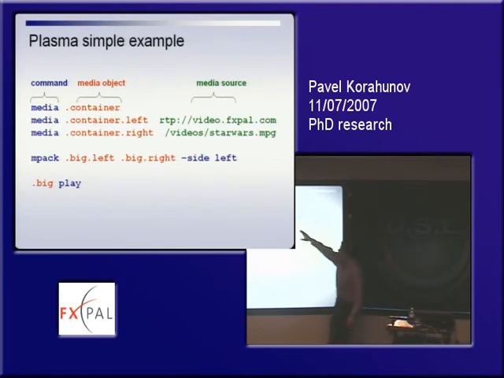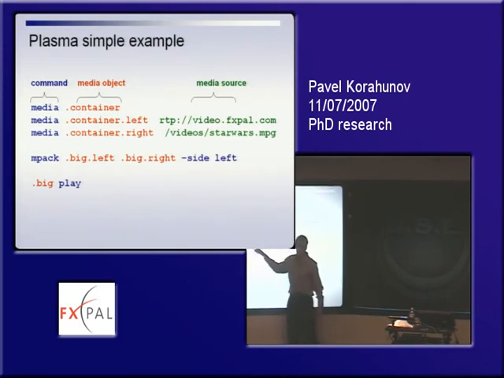A simple example: you can define an object like a container, or define an object with a source from a video camera in an RTP stream or HTTP stream, or some file in the local file system. Then you define that this left object is inside this container, and you arrange them using a pack command, similar to Tk widgets.